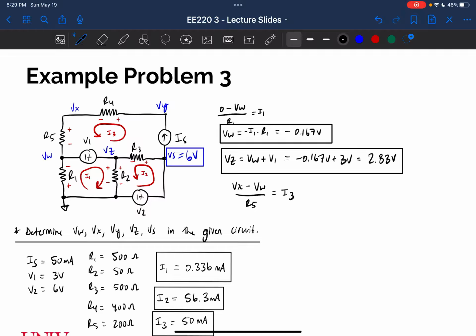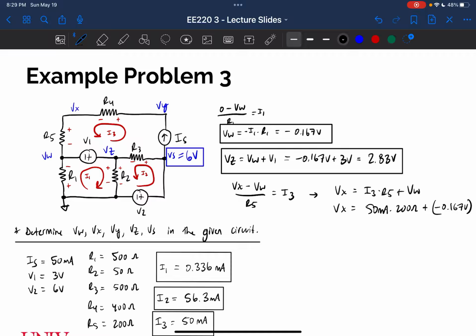I can rearrange this to get that Vx is equal to I3 times R5 plus Vw, which in this case is 50 milliamps times 200 ohms plus Vw, which I already know is negative 0.167 volts.